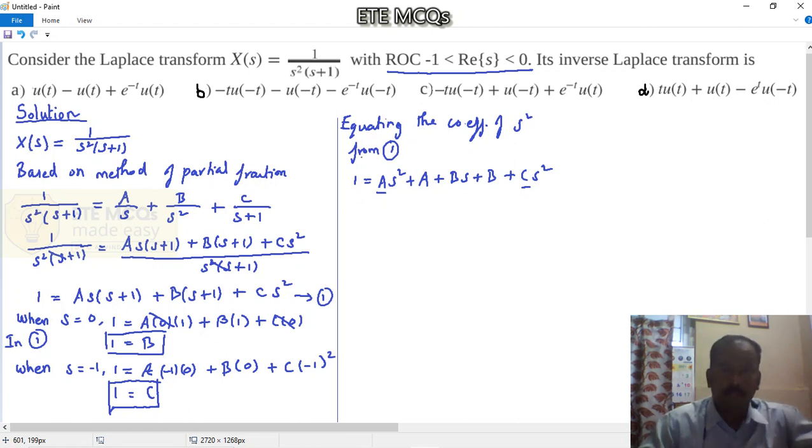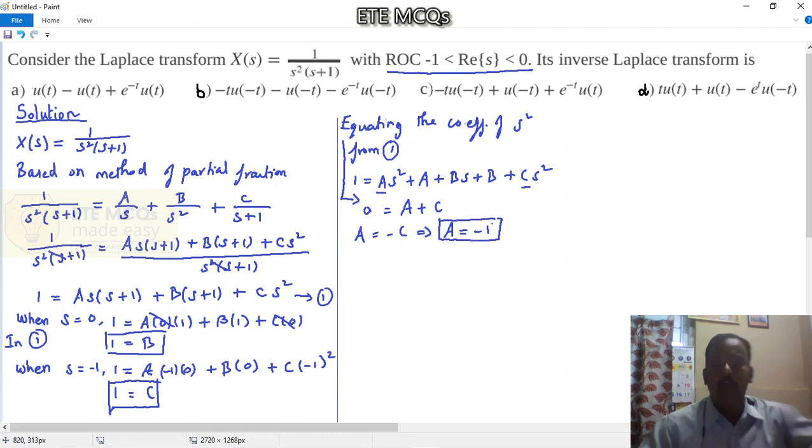So you will get 0 equal to A plus C. So we can say that A is equal to minus C, which implies A is equal to minus 1 because C is 1.